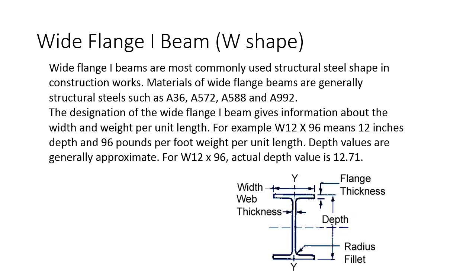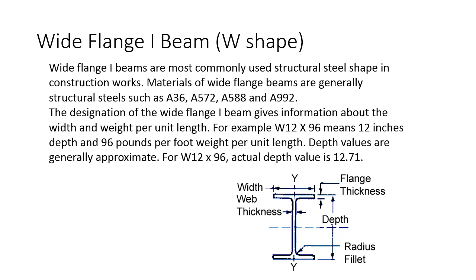So for a W12 by 96, the actual depth value is 12.71. So when we call out a beam size, and I'm going to pick a mythological one, let's say I call out a W14 by 112. That means my depth is going to be 14 inches, and every foot of that material is going to weigh 112 pounds.